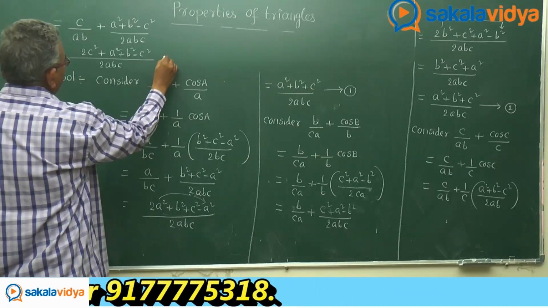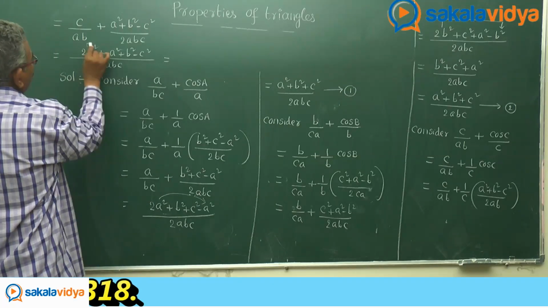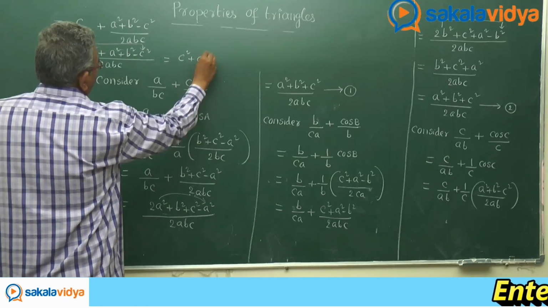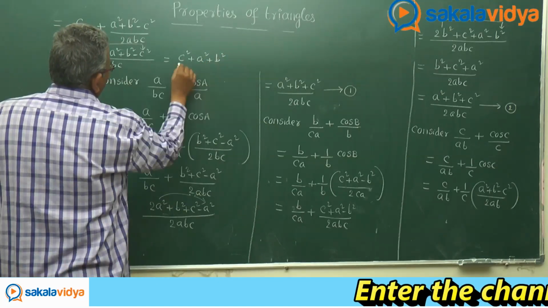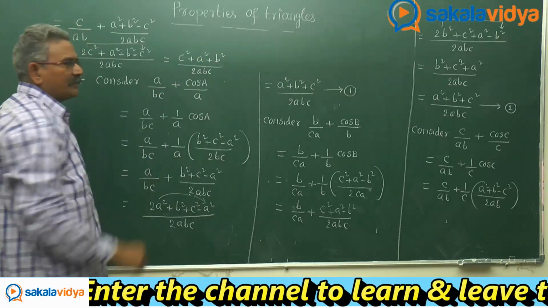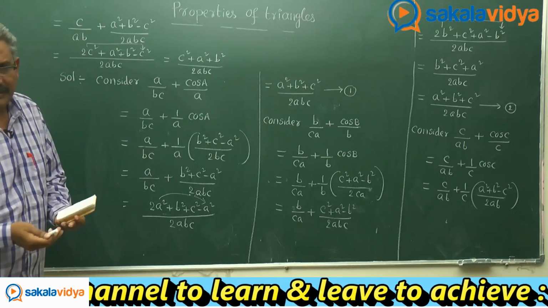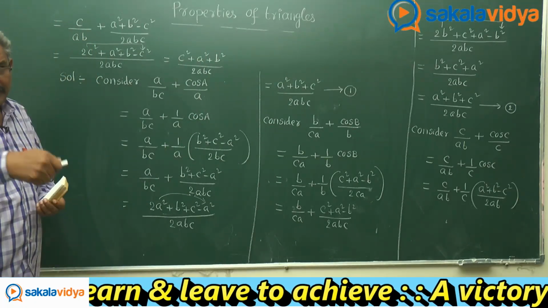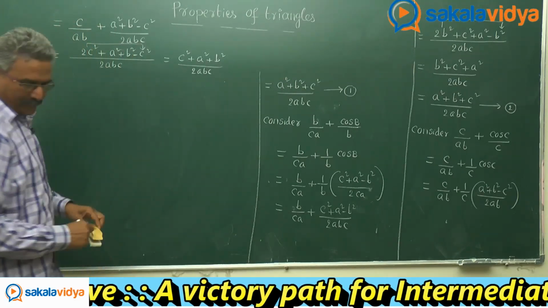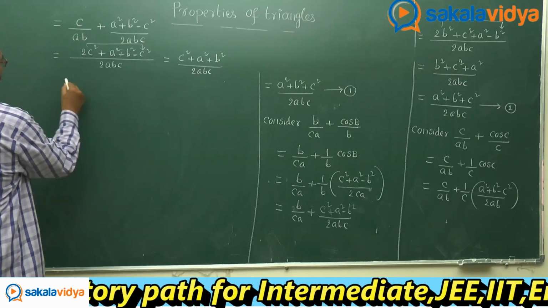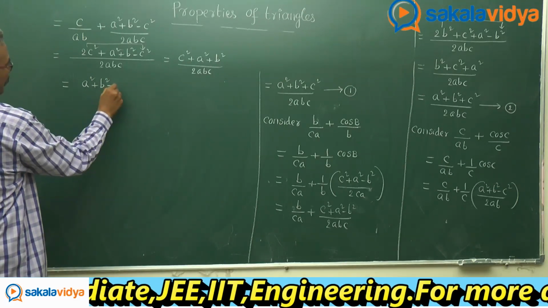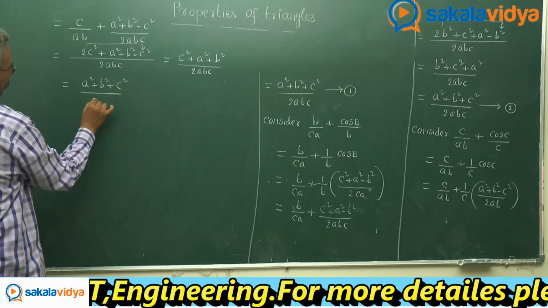If you simplify this, 2c² - c² is c², plus a² + b², over 2abc. Now the terms of the numerator are arranged in cyclic order a, b and c. We get this equal to (a² + b² + c²)/2abc.